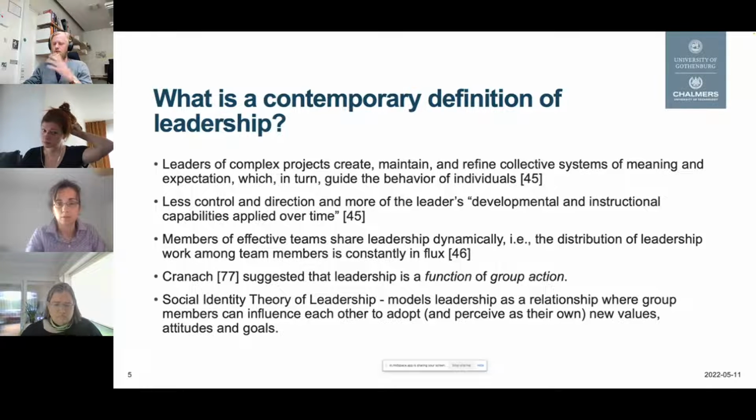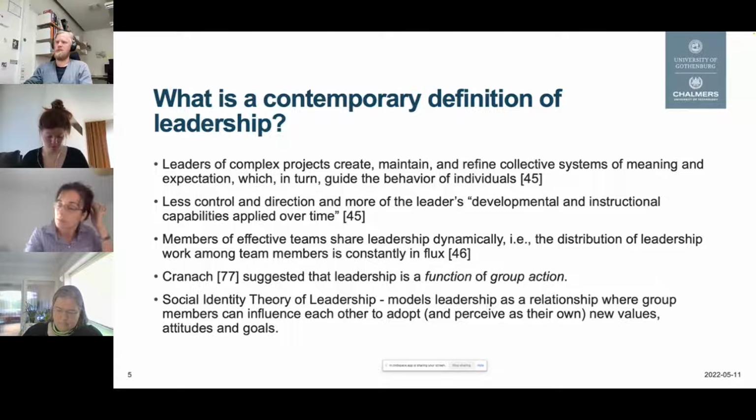So it's gone from having individual leaders to seeing leadership as a property of a team and a drive of driving teams forward. And that's a lot in line with the agile definitions of leadership. So for example, less control and direction and more the leaders' developmental and instructional capabilities applied over time. All these are taken from non-software development contexts.